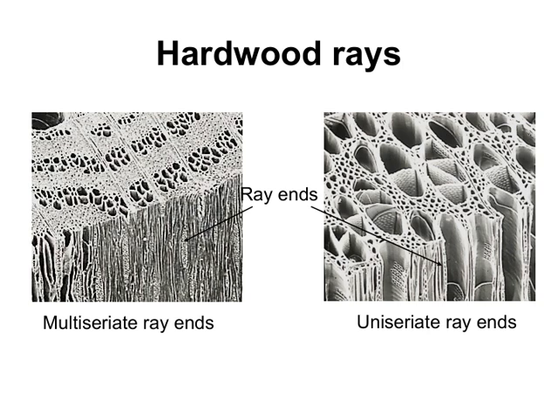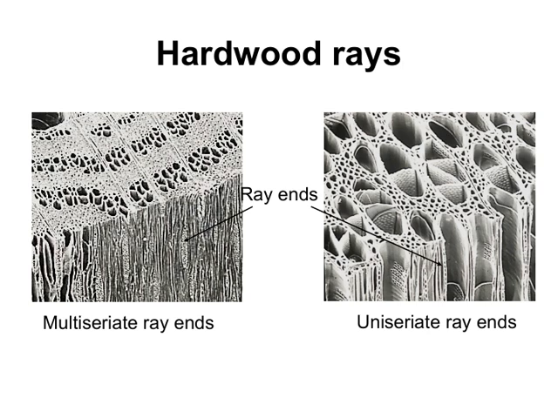In contrast, uniseriate ray ends consist of a single row of ray cells, providing a different structural pattern. Understanding these distinctions helps us identify and classify different hardwood species more accurately. They also connect back to the overall theme of wood anatomy, how microscopic structures influence the properties and uses of different woods.